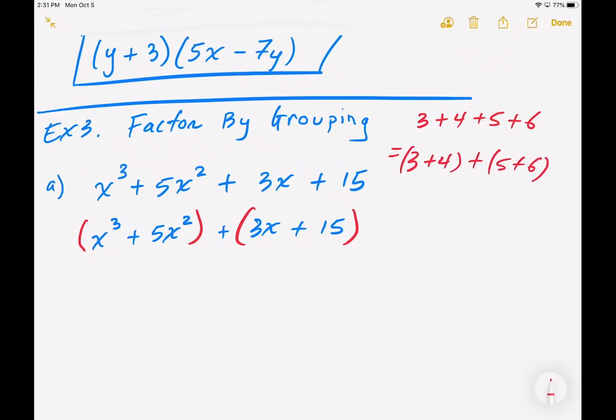Do you agree that if I put them in parentheses, it does not change? 3 plus 4 is 7. 7 plus 5 is 12. And 12 plus 6 gives me 18, right? And if you add the grouped version, 3 plus 4 is 7, 5 plus 6 is 11, and 7 plus 11 is 18.